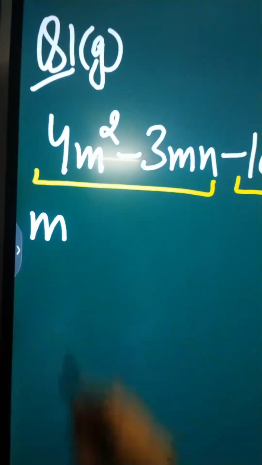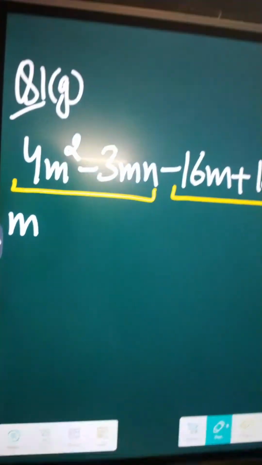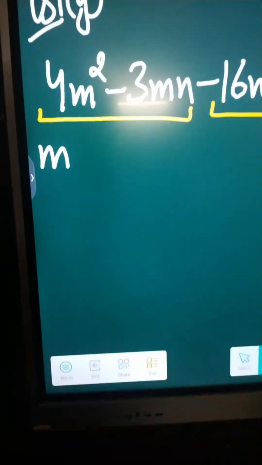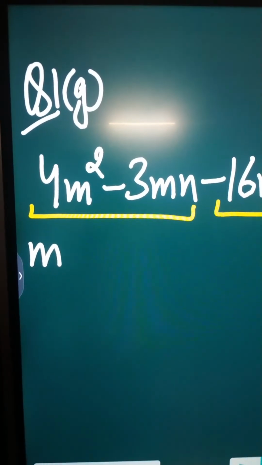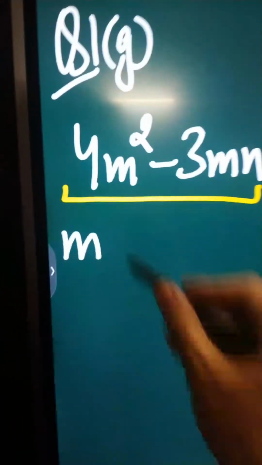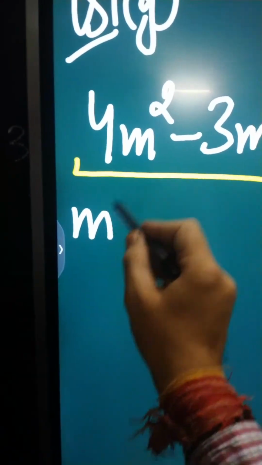So m is common. How it is coming, I have explained in this video. The first thing I explained, revise that. Those who have not revised, you will understand how to take common in groups. So here m and m are common, so m will be common.